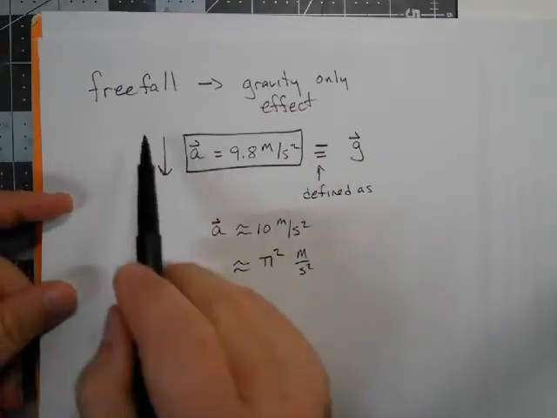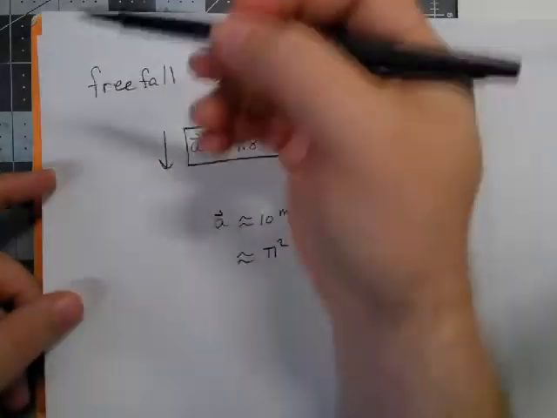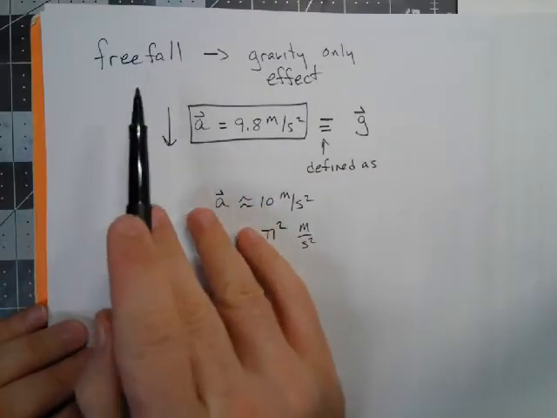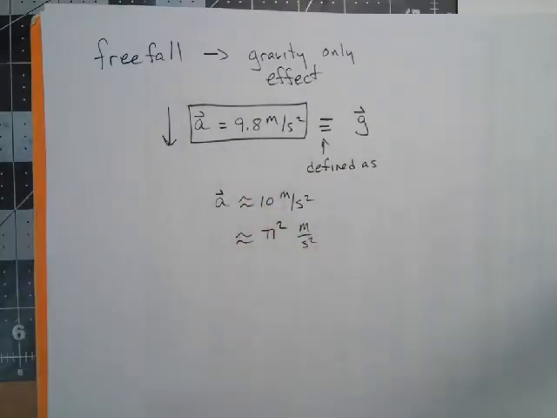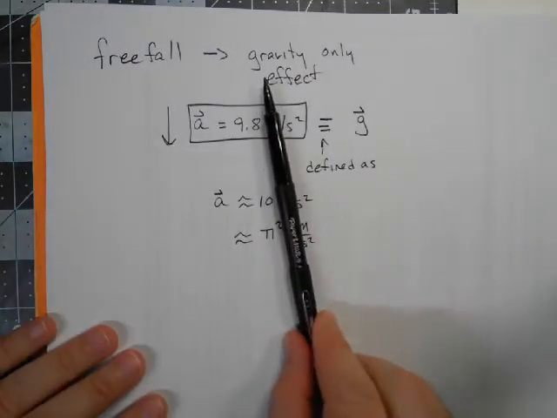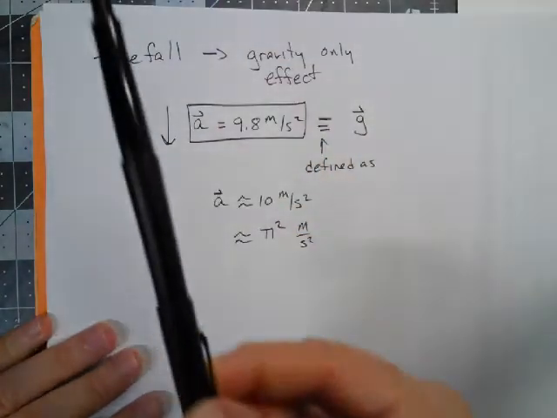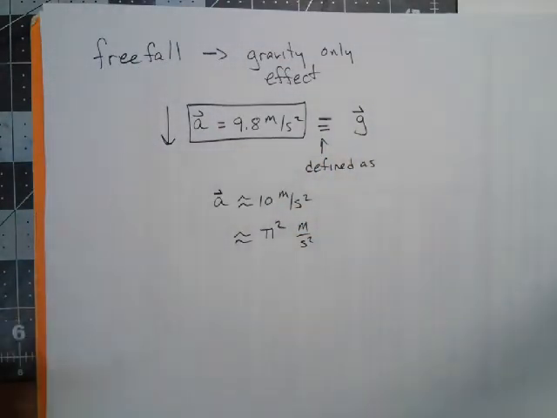But when we have free fall, we now talk about things moving vertically. Now, this is excluding, if we have a rocket motor attached to the thing, then the rocket motor provides some force. Or if we're pushing it along, then we don't have free fall.